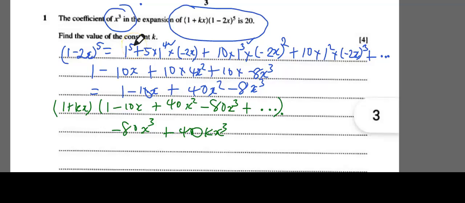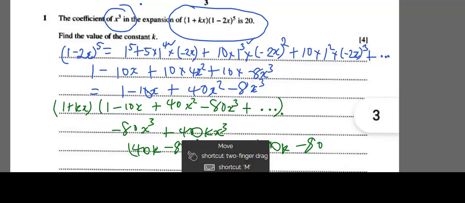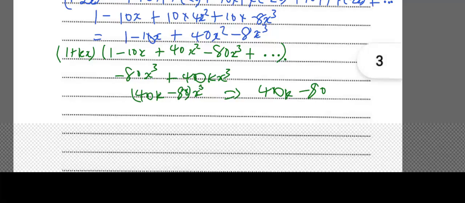We can factor out x cubed such that we are going to have 40k minus 80, and then we have x cubed outside. So the coefficient becomes 40k minus 80. And that must be equal to 20 given here.